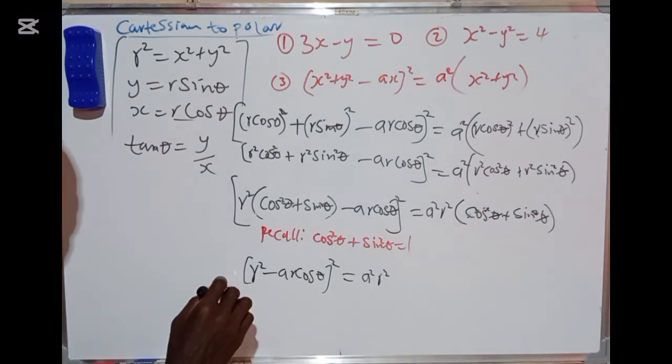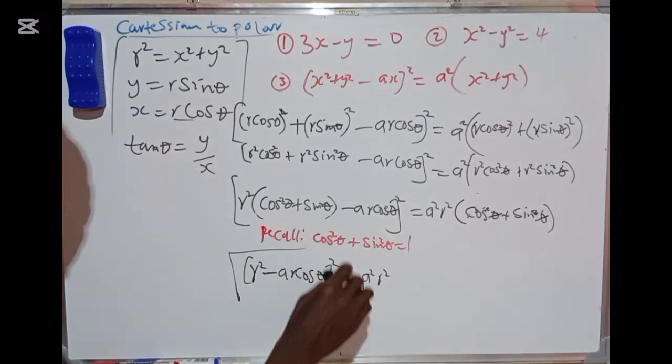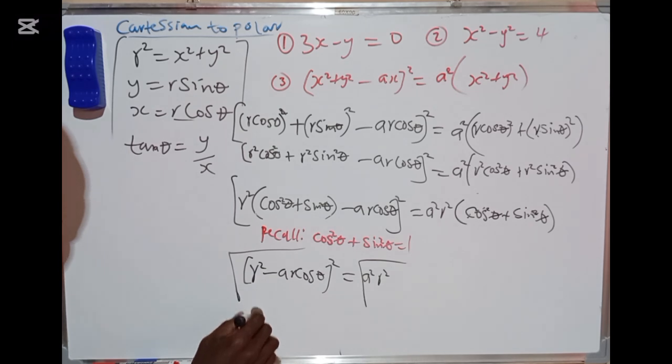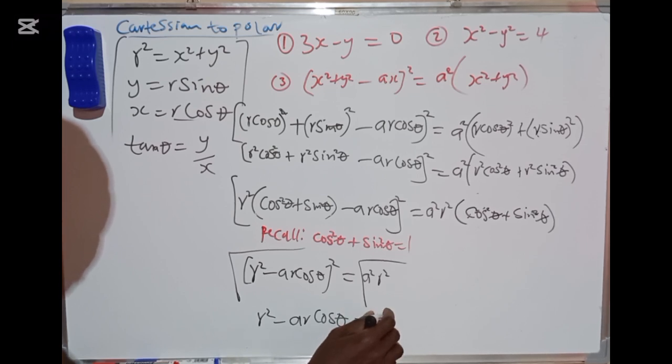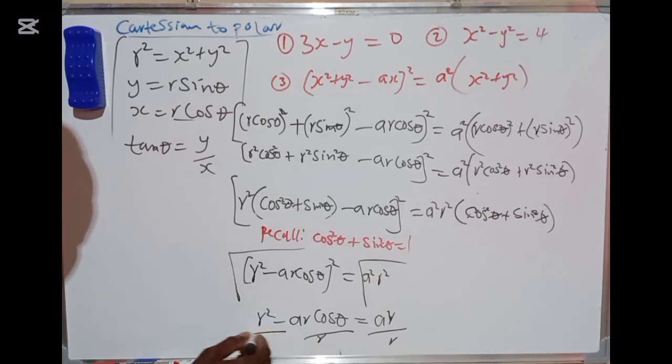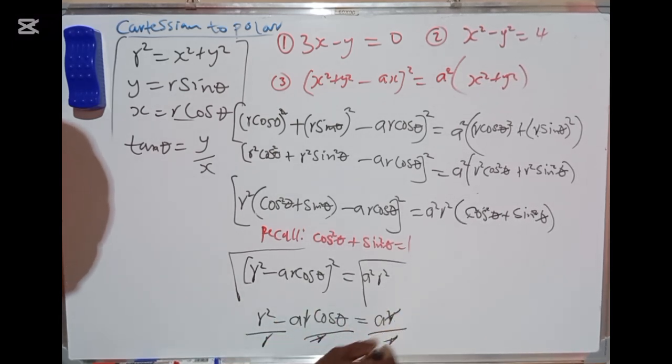At this point, you take the square root on both sides, so that you are left with r square minus ar cos theta is equal to ar. So you divide through everything by r, so that this one and this will cancel, this one and this will cancel.